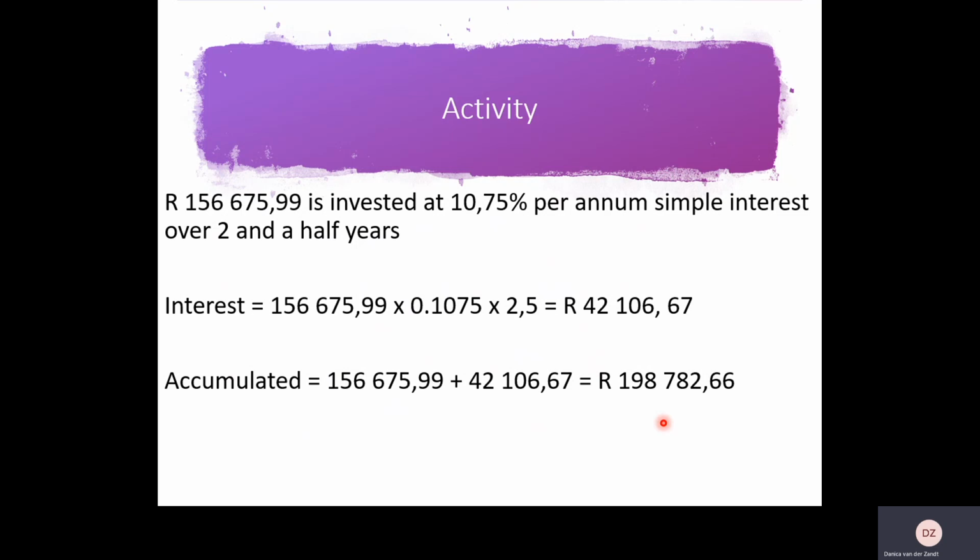So that is 0,1075 times 2.5, because it's 2.5 years, gives me an interest of 42,106 Rand, and I round it off to 67 cents. And my accumulated, once more, is my principal plus the interest, giving me 198,782 Rand and 66 cents. Any questions? Simple, easy peasy.